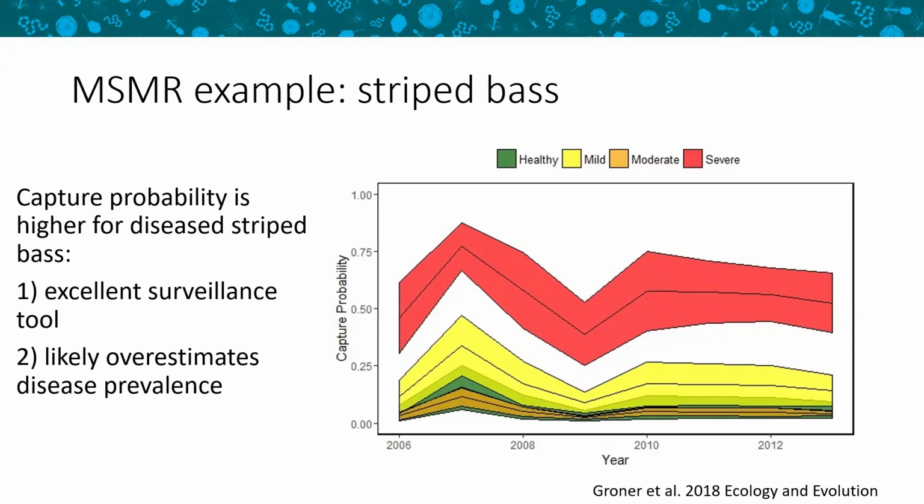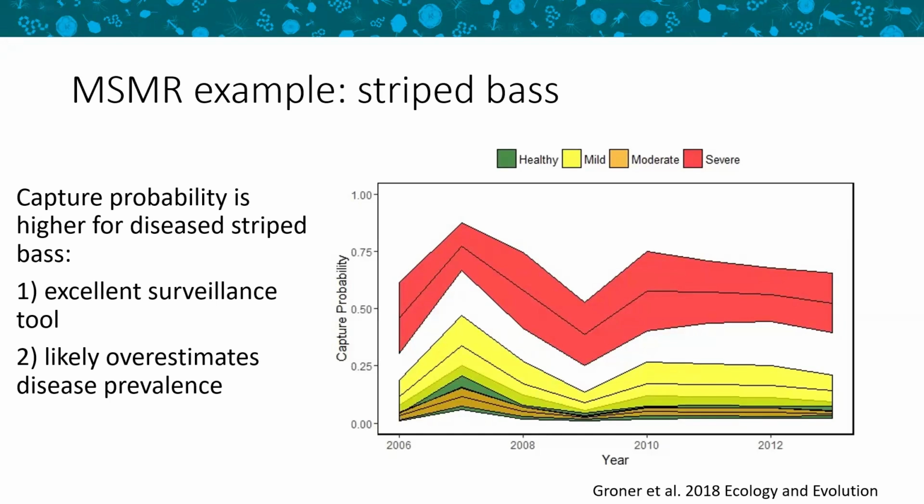If there's a diseased fish, it's very likely to end up in this net. But if you just look at the proportions of healthy and diseased fish in your net, you're going to overestimate the disease prevalence. So you have to kind of back calculate to take into account the bias in this approach.